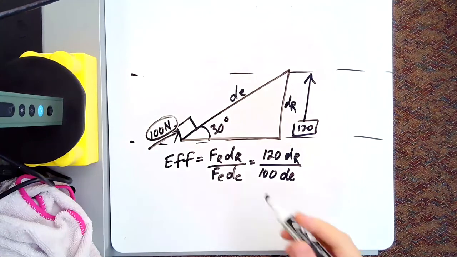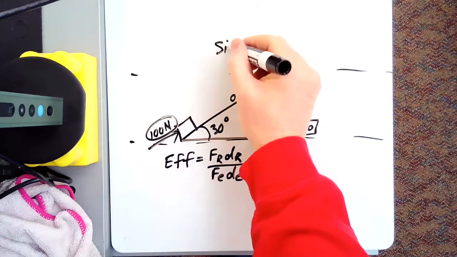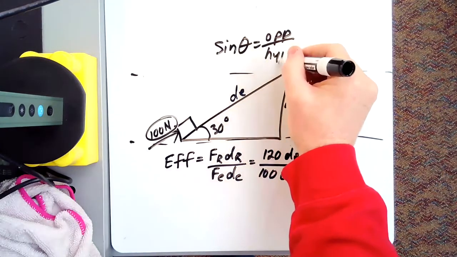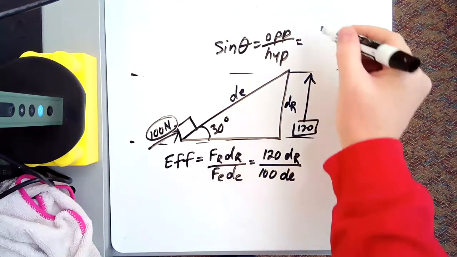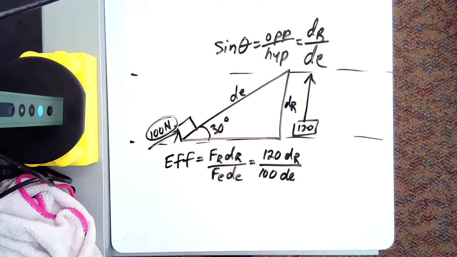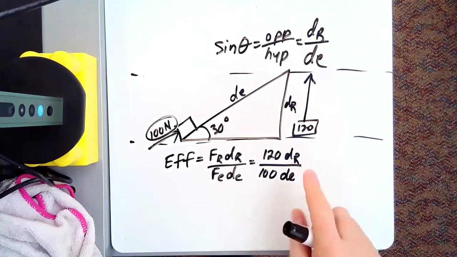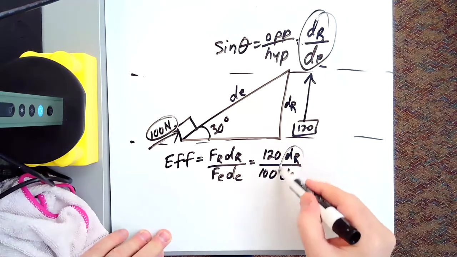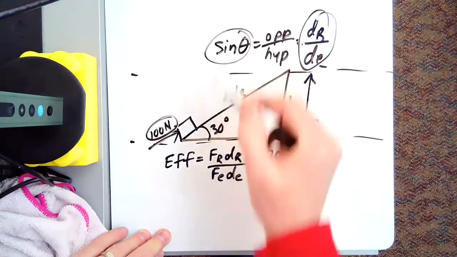Sine of this angle, sine of theta, is opposite over hypotenuse. And in this triangle, that would mean this side, dR, over dE. So instead of this dR over dE right there, I could put in this.